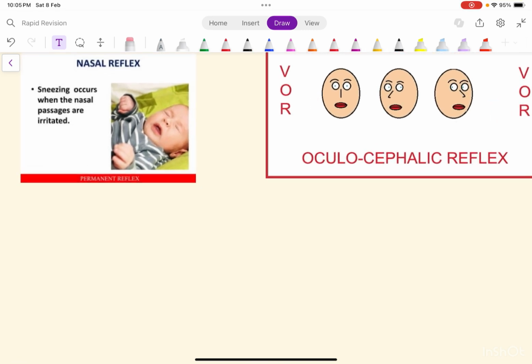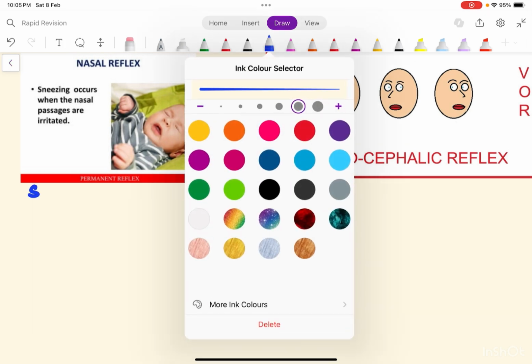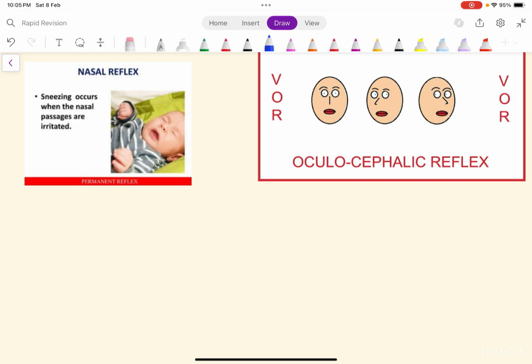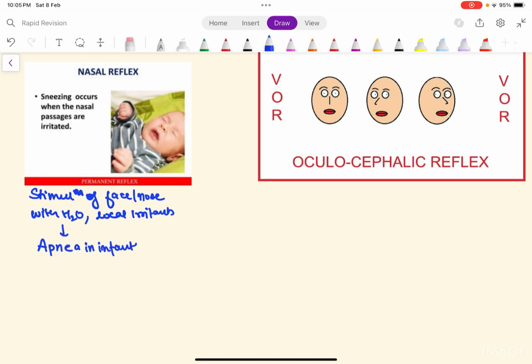Now what happens is, if we stimulate the face or the nose with water or local irritants, it will produce apnea in infants or neonates.